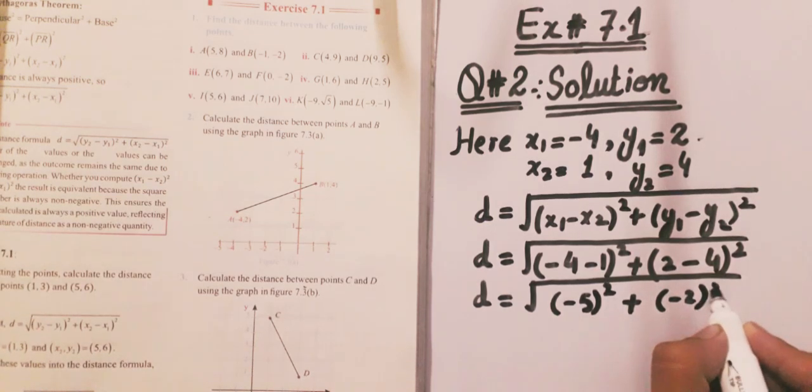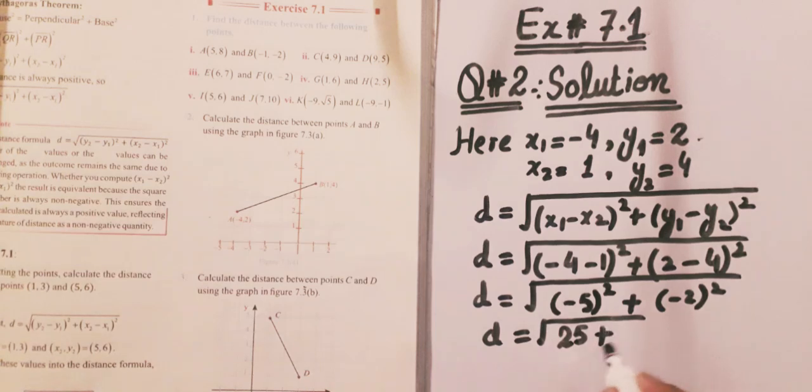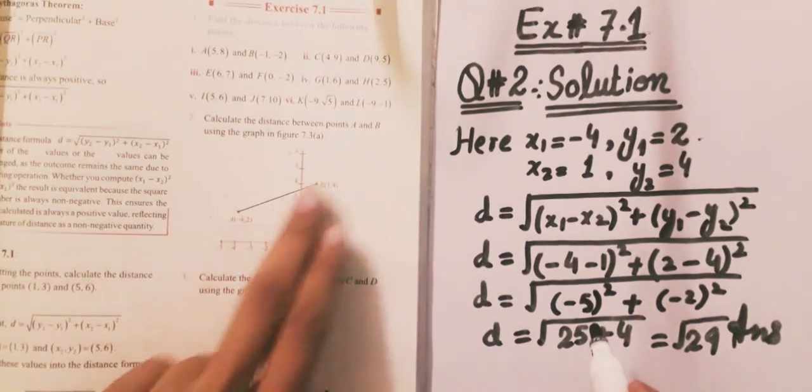So, -2 square. So, this will become 25 plus 4 which is equal to 29. So, D is equal to square root of 29. This is the answer of this question. Now, square root of 29 is the required distance between A and B.